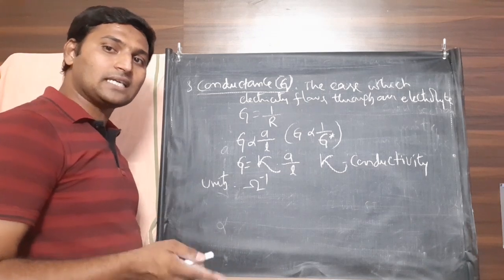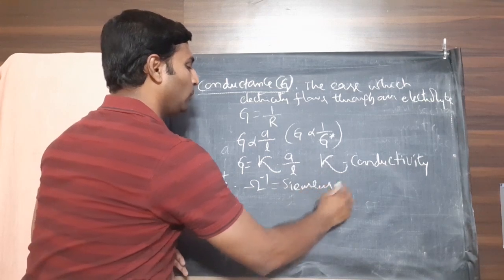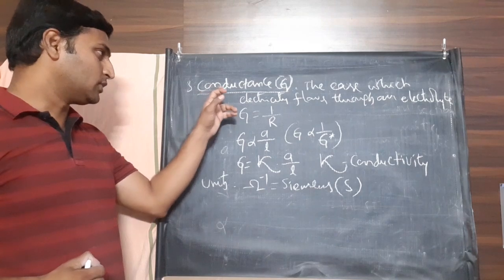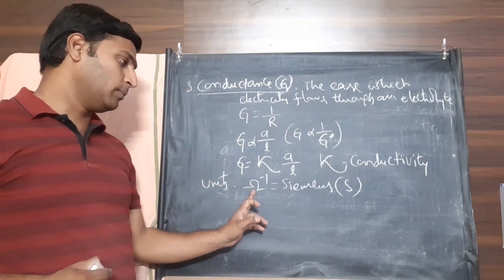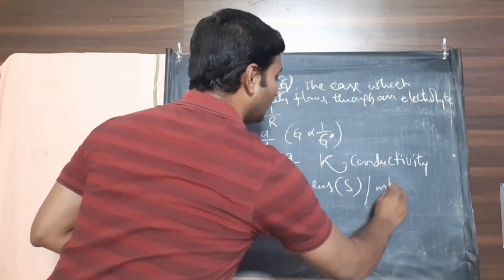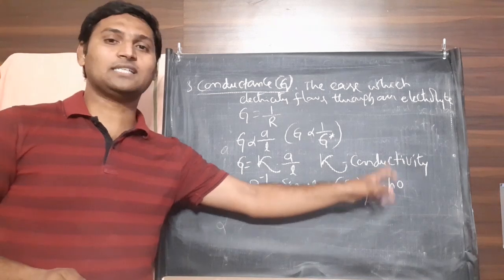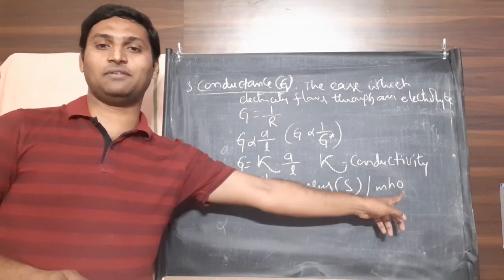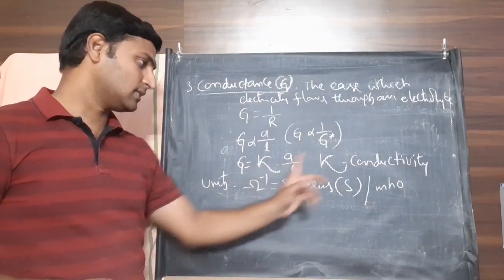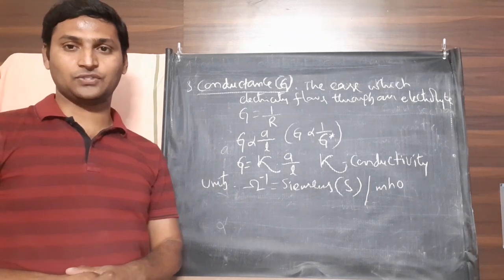But ohm inverse has a special unit called Siemens, denoted by capital S. So the units of conductance are either ohm inverse or Siemens, or sometimes people write mho. Resistance units are ohm, and that's why it is given as reverse ohm, mho. So ohm inverse, mho or Siemens, all are units of conductance.